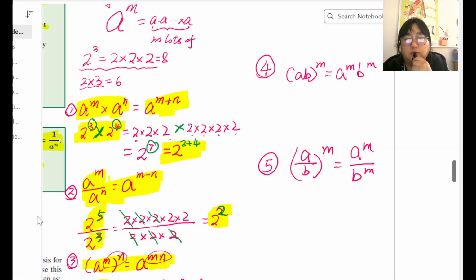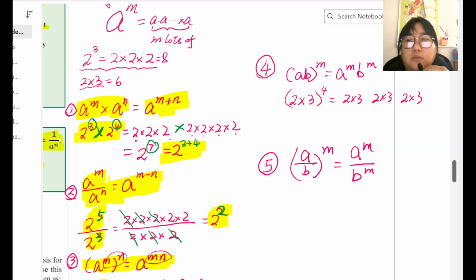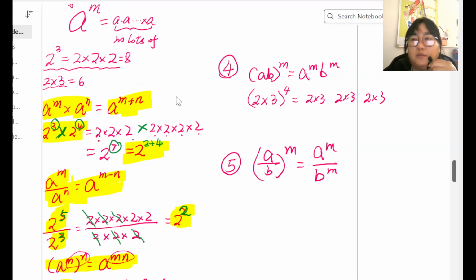Okay, sorry about this, guys. So now we have a look at this one. So (AB) to the power of m, then we can get, that is (2 times 3) to the power of 4. So that means I have 2 times by 3 once, then 2 times by 3 a second time, then third time, and then the fourth time.